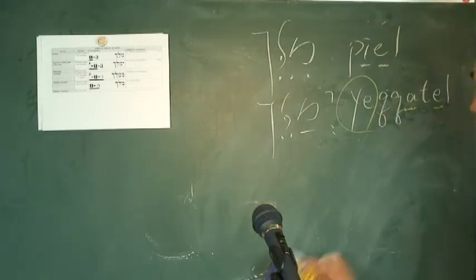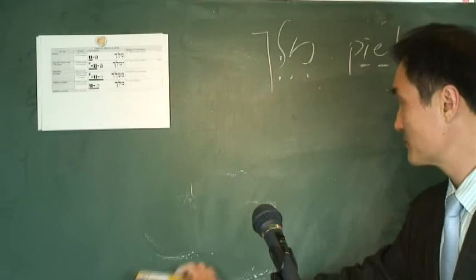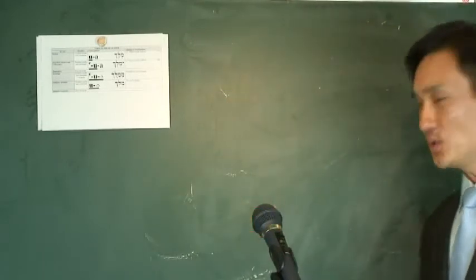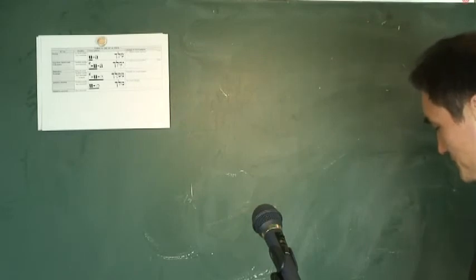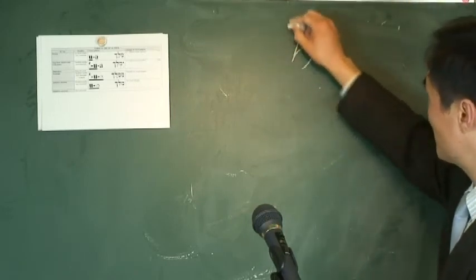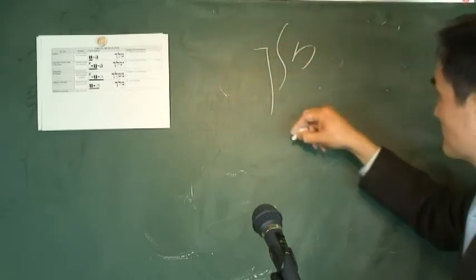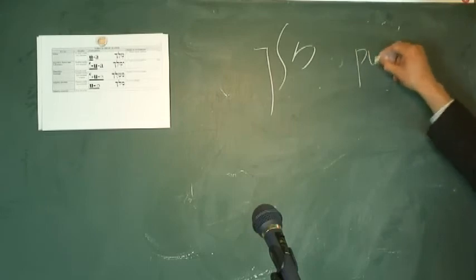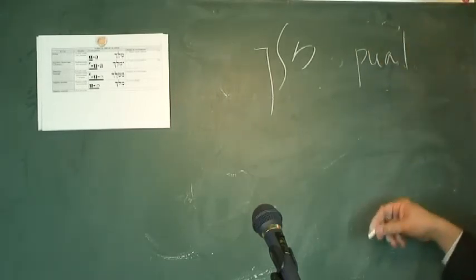Next, let's look at the pual. The pual is a passive voice of the PL. Therefore, it would have an intensive passive voice. We will use the verb malak to identify the forms.